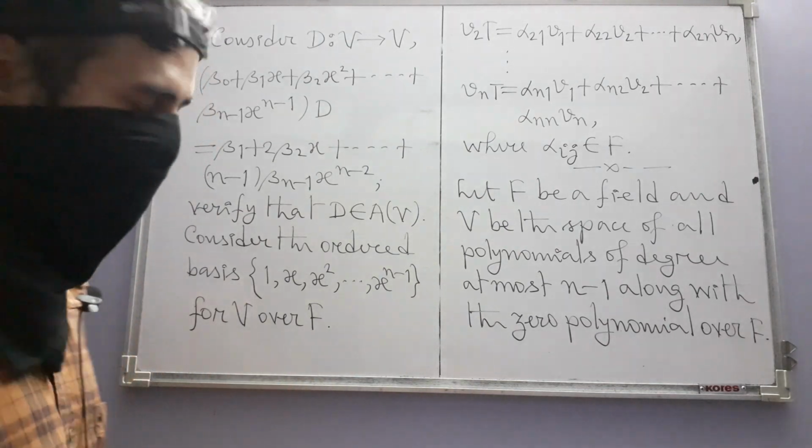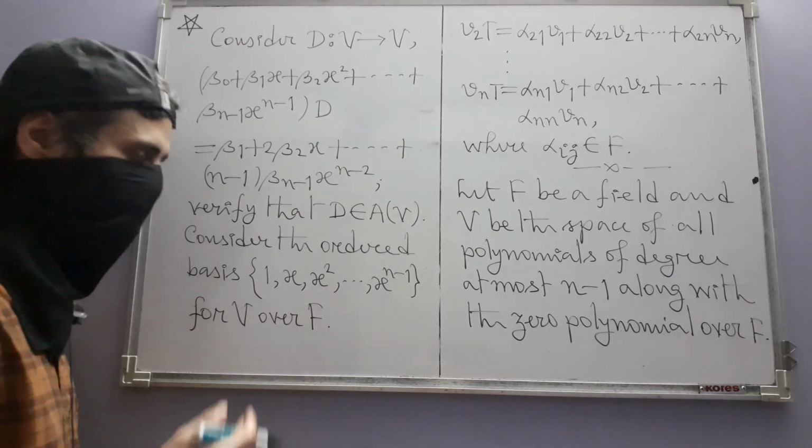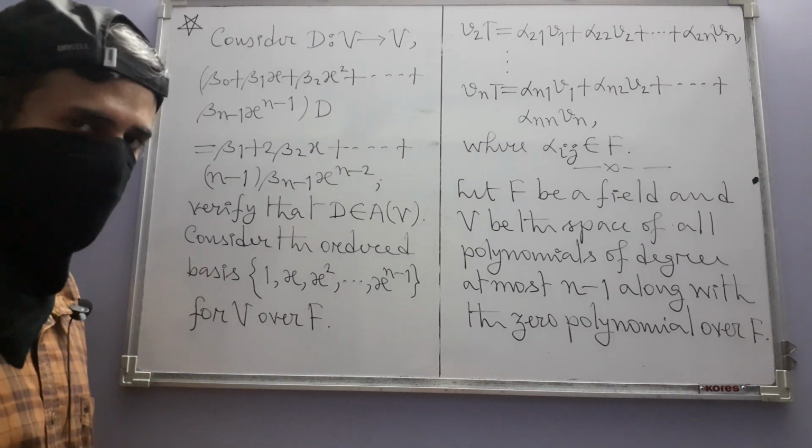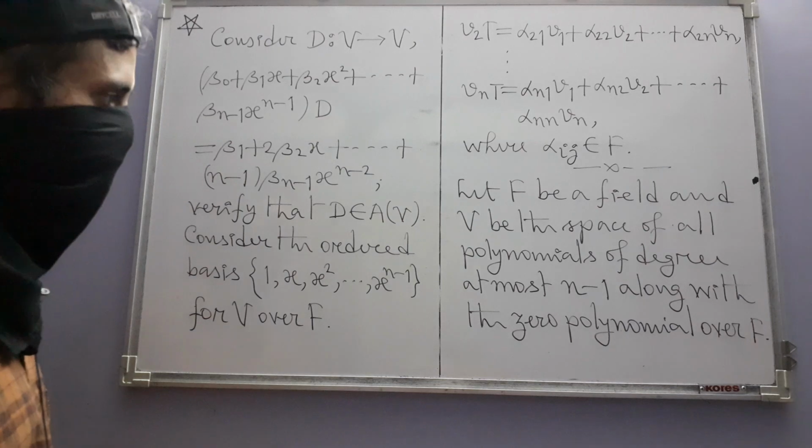F is any field. F may actually have only two elements, 0 and 1. That is also possible.